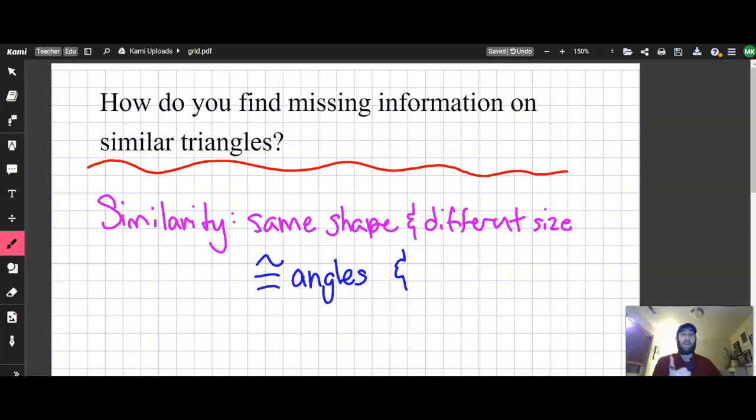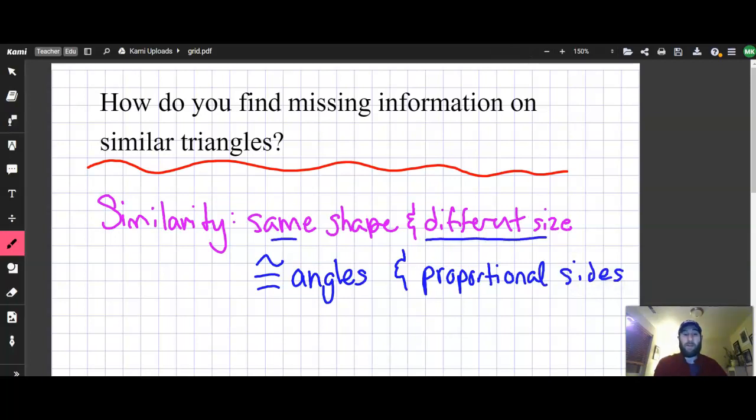Because remember, scale factor, ratio, and proportionality were all synonyms. And so we have congruent angles and proportional sides. And we're going to be using this to emphasize and find missing parts in two sets of similar triangles.